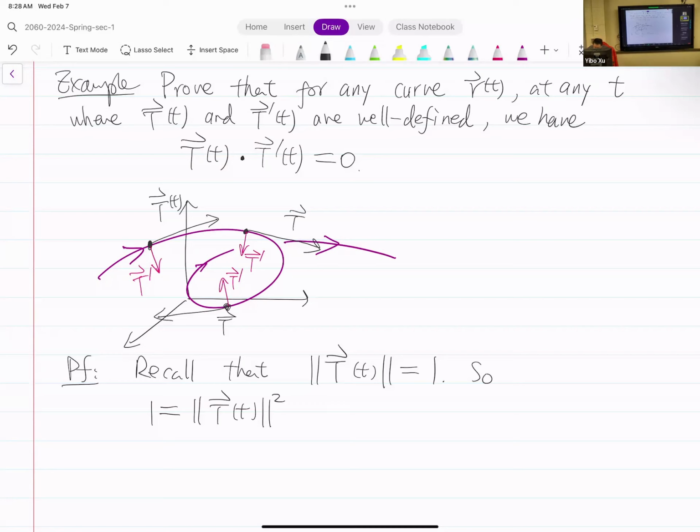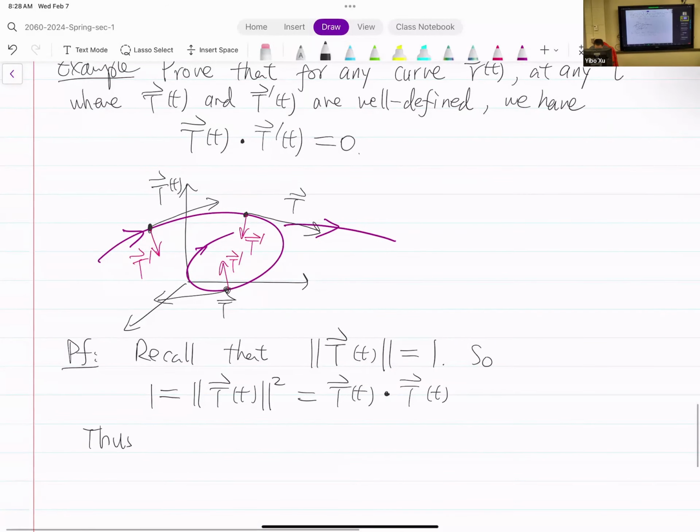And you also know that this is T dotted with itself. The middle expression is going to be hard to take the derivative of, but if you have T dotted with itself, then the derivative is not difficult to find.